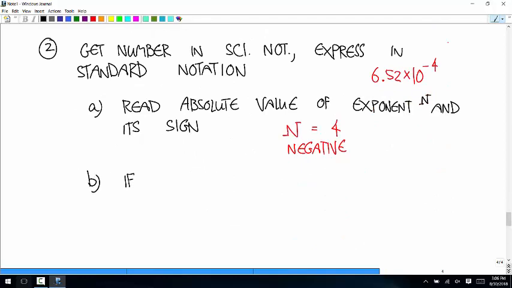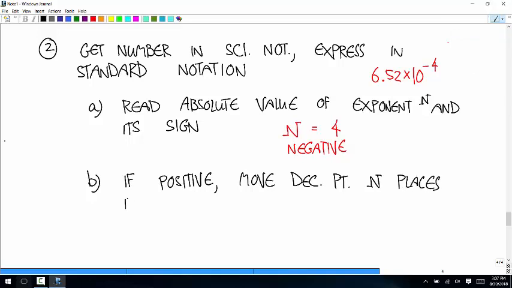And now, let me do positive first. So, sorry, if it's positive, move the decimal point n places to the right.